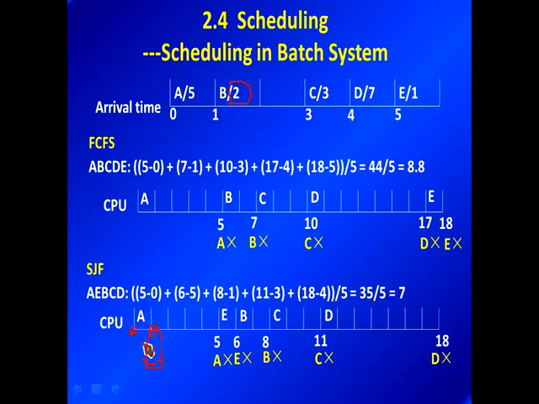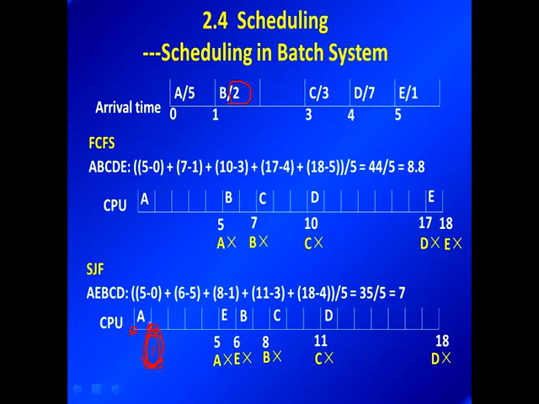So at time 1, job B will take the CPU away from job A, because the remaining time for job B is 2, and the remaining time for job A is 4. Process B has shorter remaining time, so B can take the CPU away from job A at time 1.